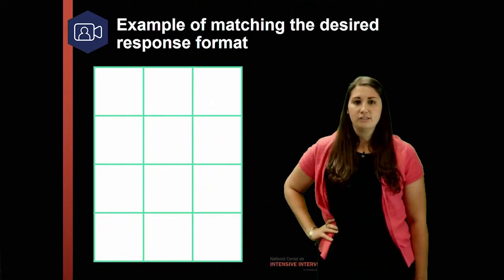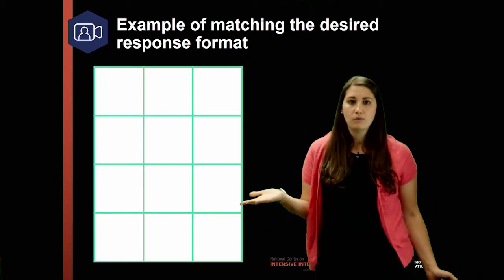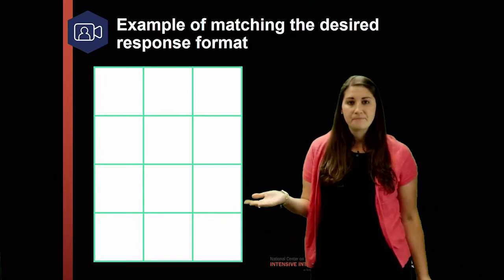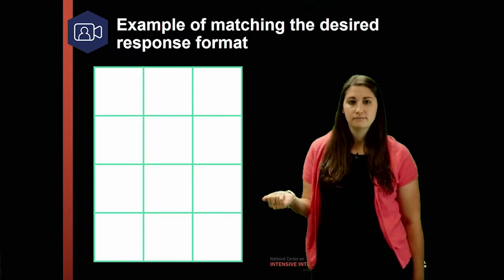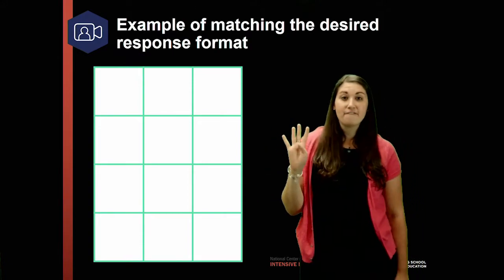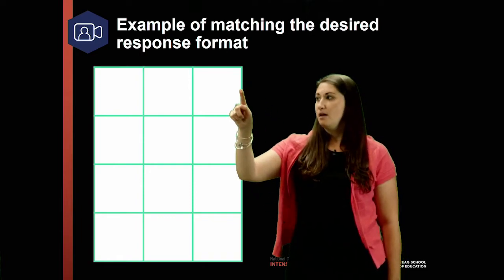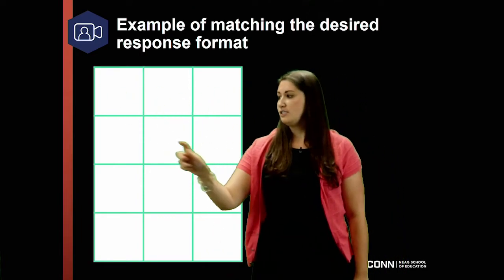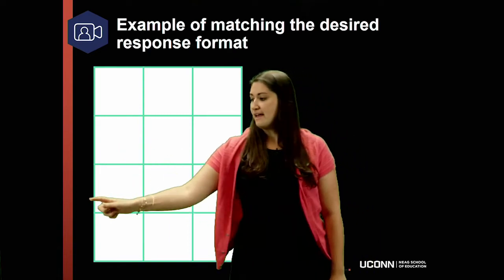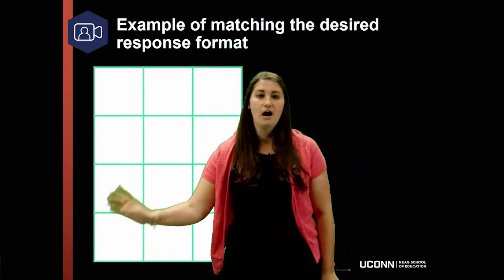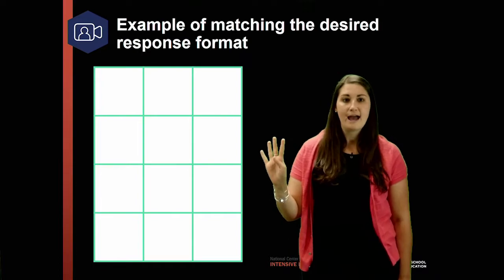Let's think about our first question here. How many rows are there in the array? Show me on your fingers. Good job. There are 4 rows in this array. Let's point to them together. 1, 2, 3, and 4. There are 4 rows in this array.